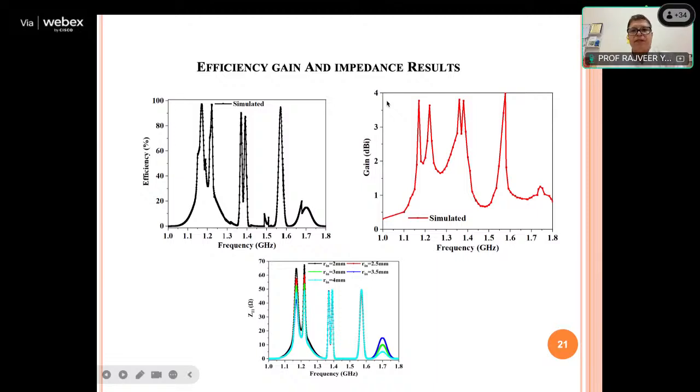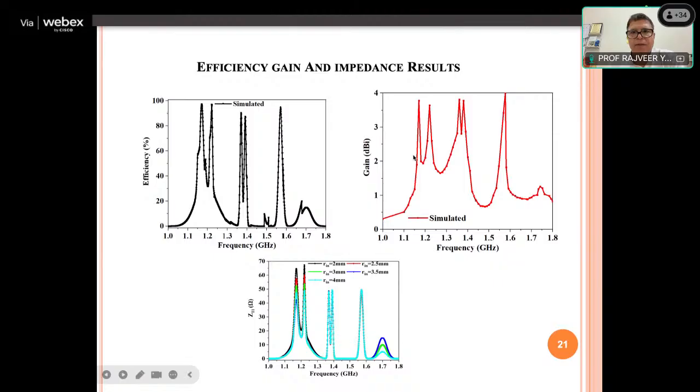Here we see the gain obtained from L1 to L5 band is above 3.5 dBi, almost all bands. Then the impedance is almost matched for all these bands approximately.